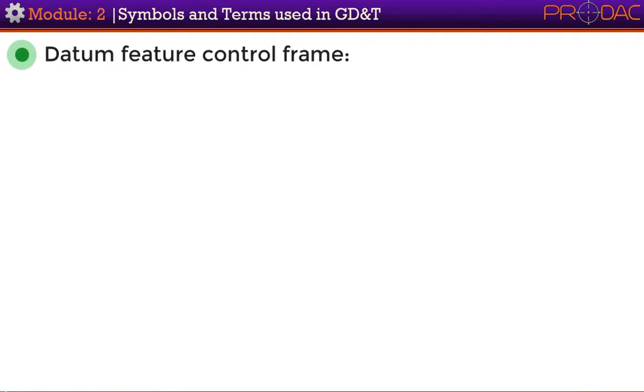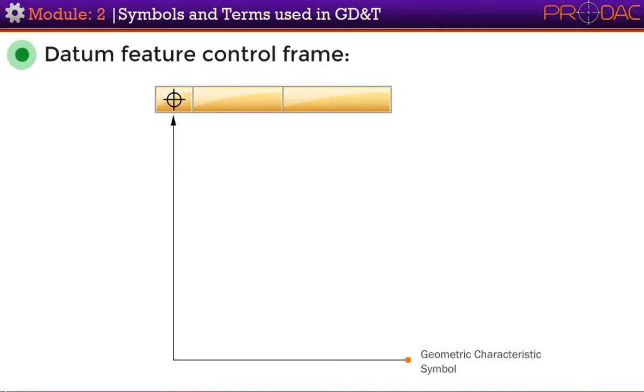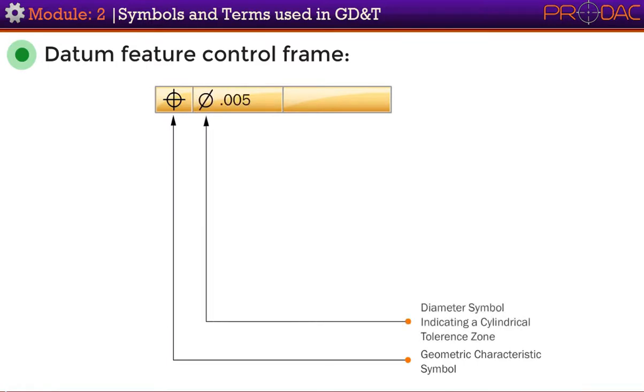Next, we'll discuss the feature control frame. It contains three basic compartments. First compartment is for the geometric characteristic symbol. In the second compartment, we specify tolerance value and material condition.